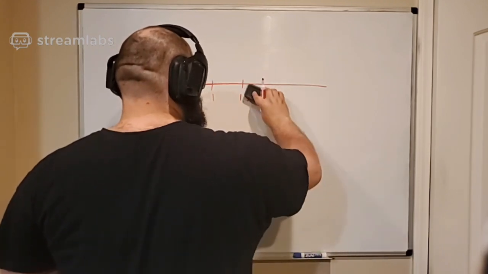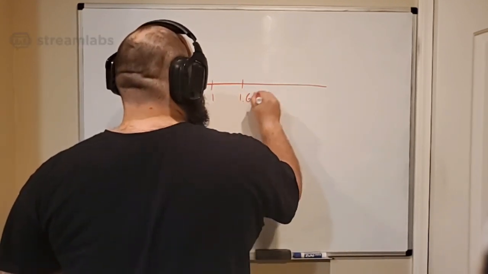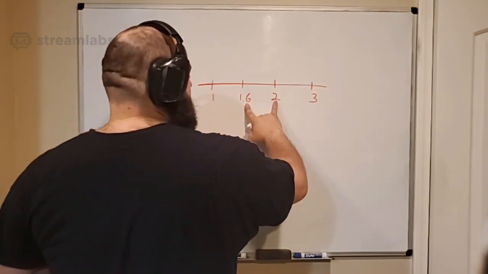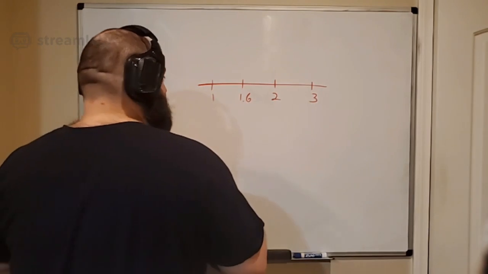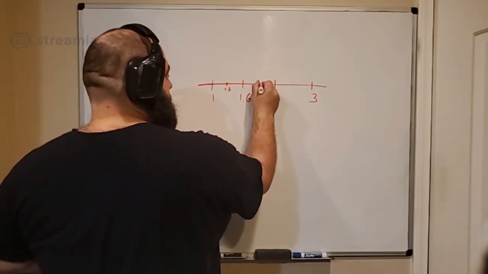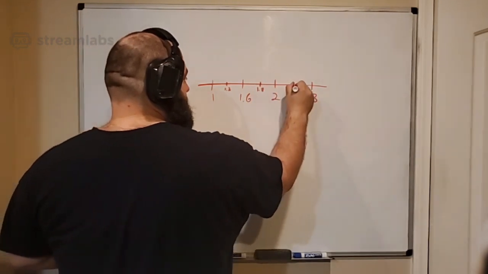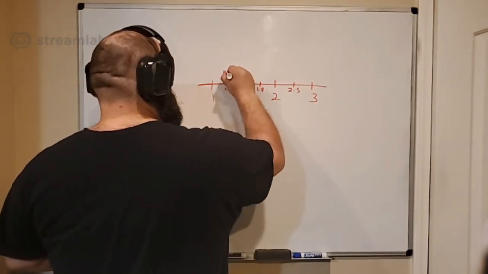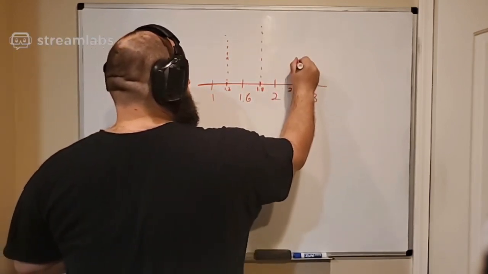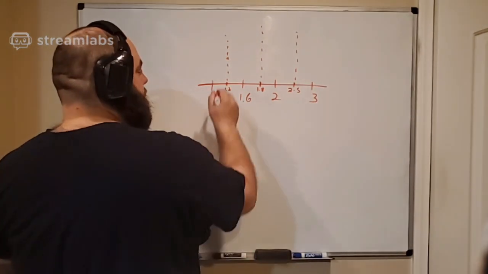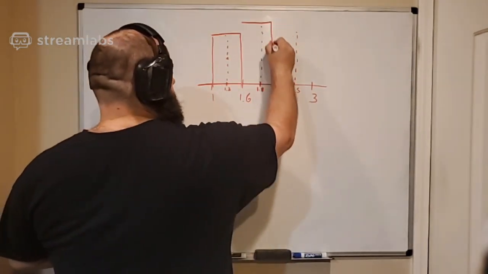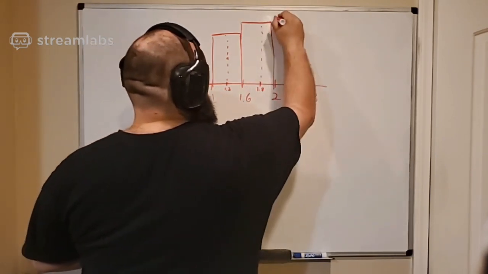So we have our 1, 1.6, 2 and 3. If we're using a midpoint Riemann sum, our height is determined by the points right in the middle. Last time it was determined by the left or the right, and I don't know where any of these rectangles actually are. This is kind of just a general overview. Remember, then you make your rectangle like that. Let's just make this one really short, because I have no idea where any of these rectangles are.